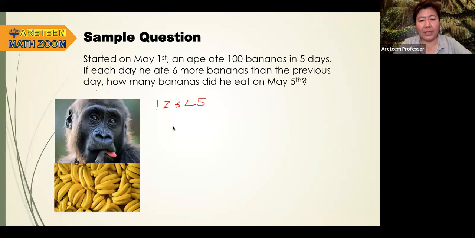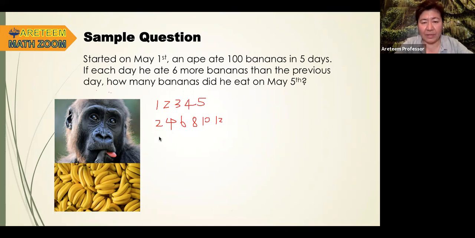Let me show you another sequence: 2, 4, 6, 8, 10, 12, and I can keep going on and on. So it's another arithmetic sequence.